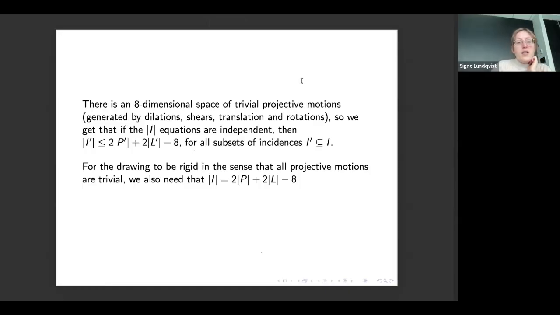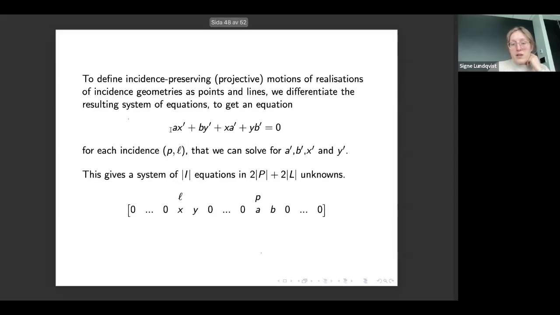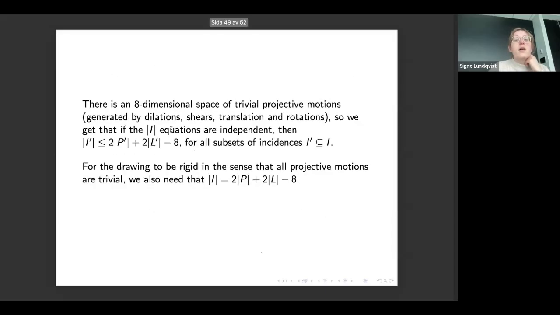Okay, so here we have an 8-dimensional space of trivial projective motions, which are projective transformations. So they're generated by dilations, shears, translations, and rotations. The kernel of the coefficient matrix of the system of equations is at least 8-dimensional.